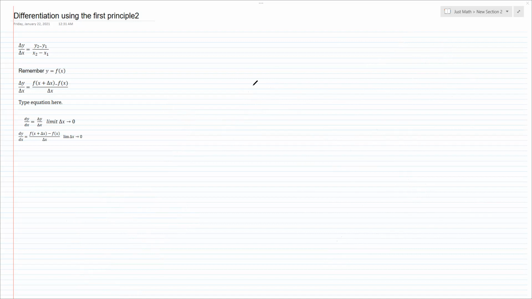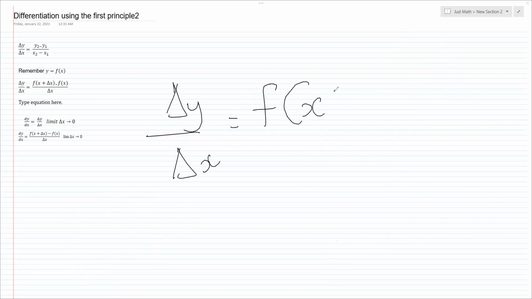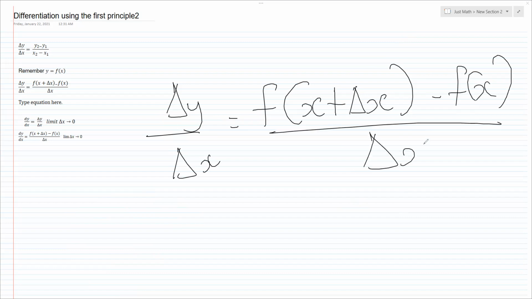Okay, so I'm going to write that again. Delta y over delta x equals f of x plus delta x minus f of x over delta x.